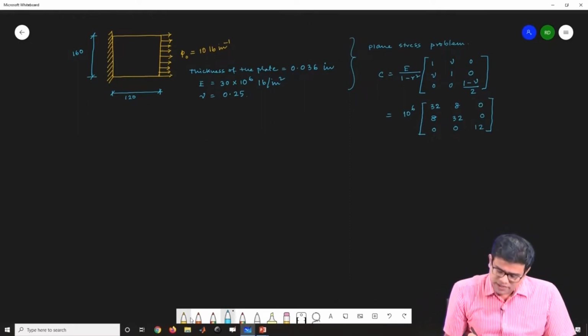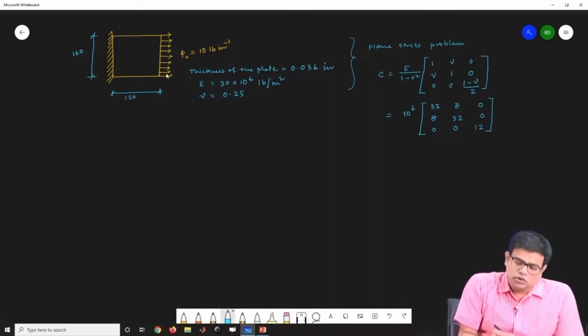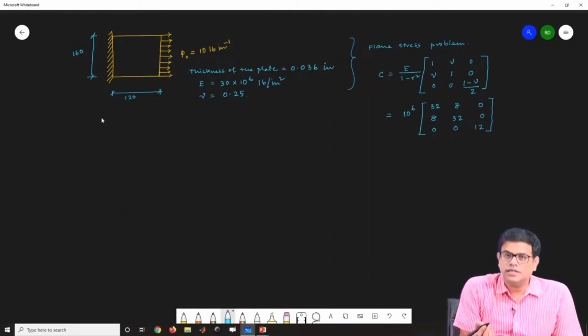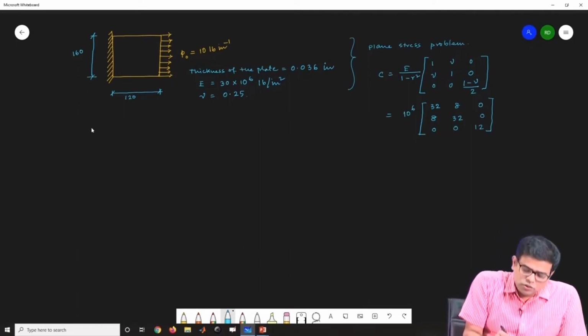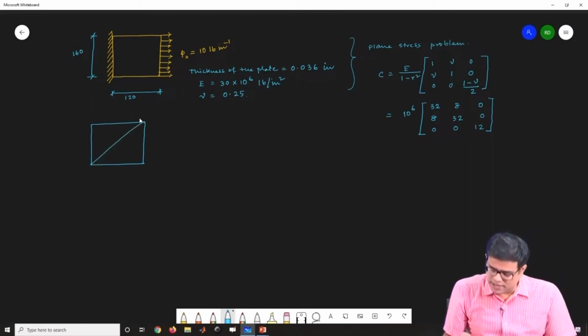The next step is to discretize this body. There are several ways to discretize it, but since we will be doing it by hand, it is better to use a smaller number of elements. So let us consider two elements, such that this is my discretization.